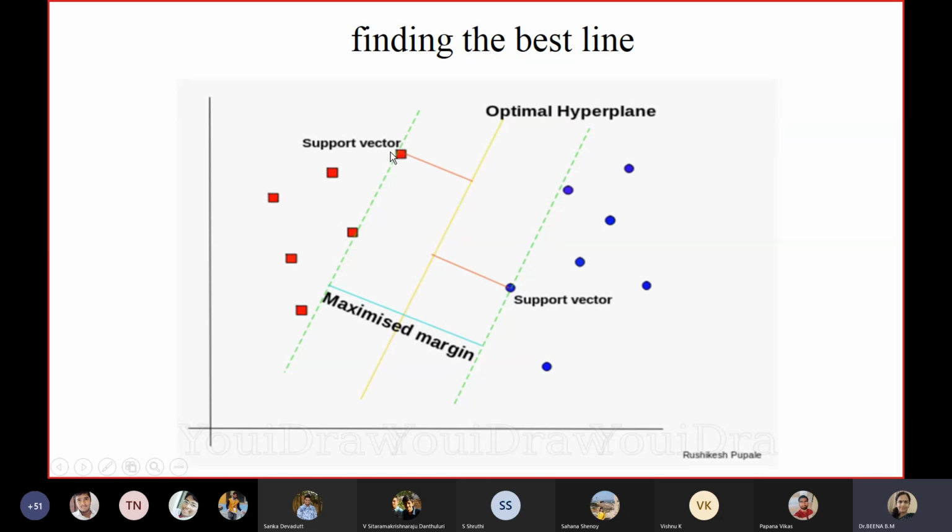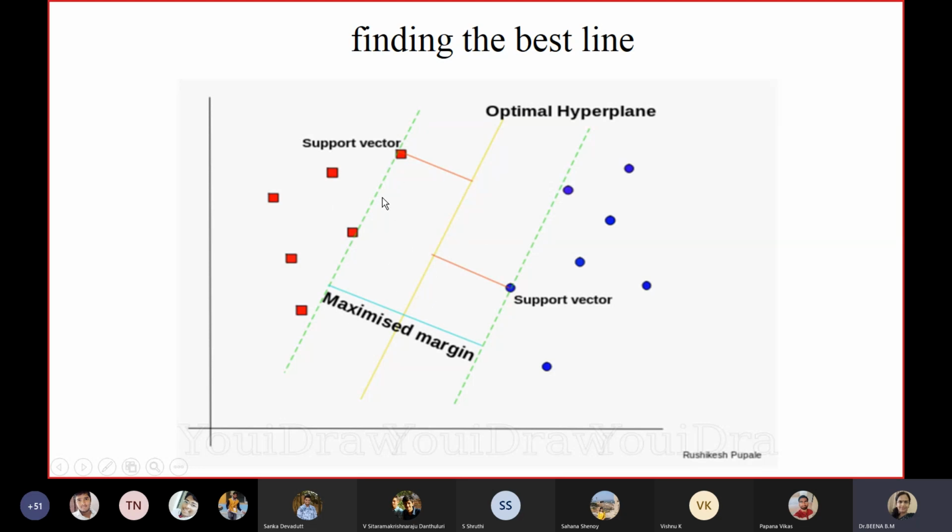The next step is to find the distance between the support vector and the line. We compute the distance between the support vector and the line. The distance between the first support vector and the plane, and the distance between the second support vector and the plane, form the margin. This is called margin.